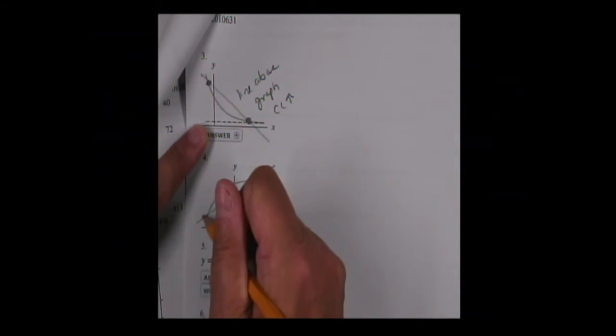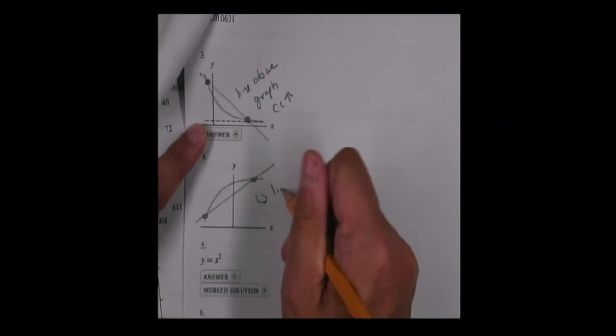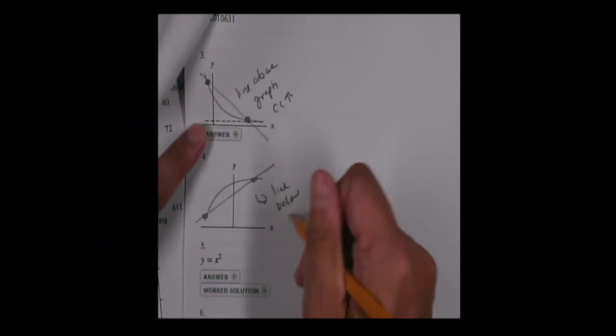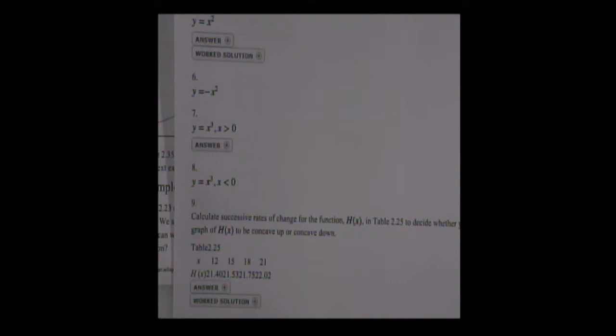If you take 2 points and connect them, and the line is below the graph, then you're concave down. That's one more way to do that. And then they ask a bunch of questions. Come back here to 9: calculate successive rates of change for the function, and decide where it's concave up or concave down. So that's that whole slope thing again. That really is all there is to that section.